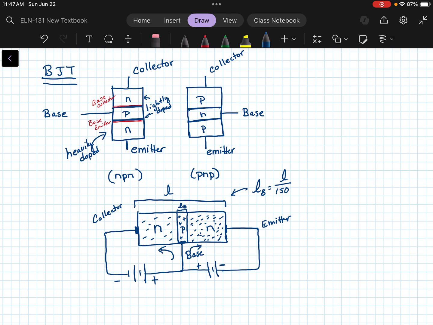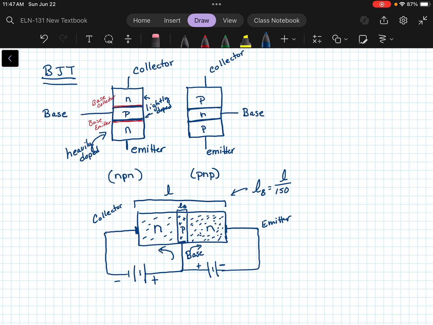However, keep in mind that the emitter is more heavily doped than the collector, and this P-type material is very, very thin. So there's not a lot of that positive charge there.